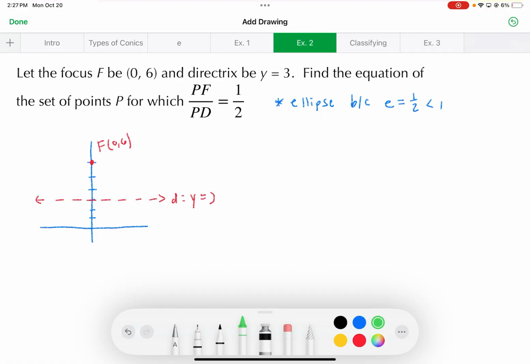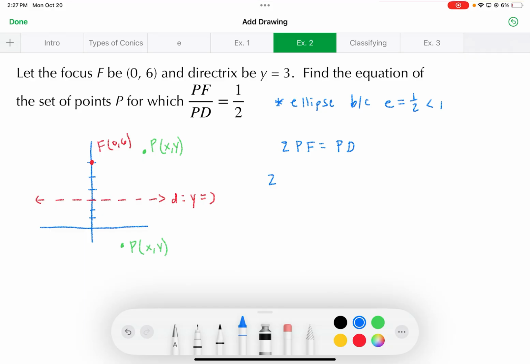Okay, now we could maybe have point P up here. Maybe it's down here though, we don't know. If the ratio of PF to PD is equal to 1/2, that would be no different than 2 times PF equals PD, right?